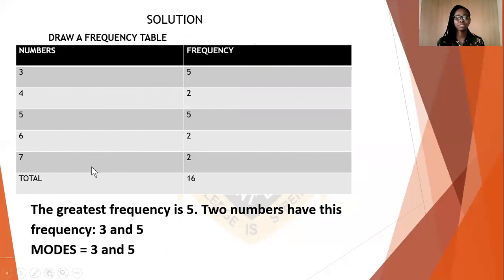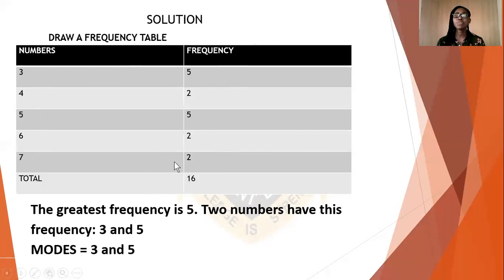The number 7 appears 2 times. And we have a total of 16 frequency from 3, 4, 5, 6, 7, because number 3 occurs 5 times, 4 occurs 2 times, 5 occurs 5 times, 6 occurs 2 times, and 7 occurs twice.